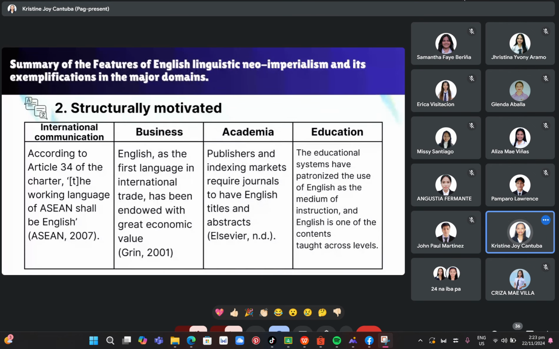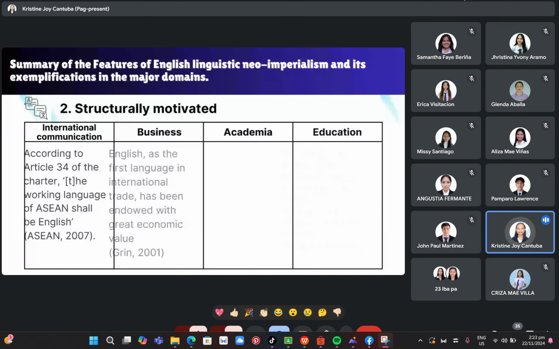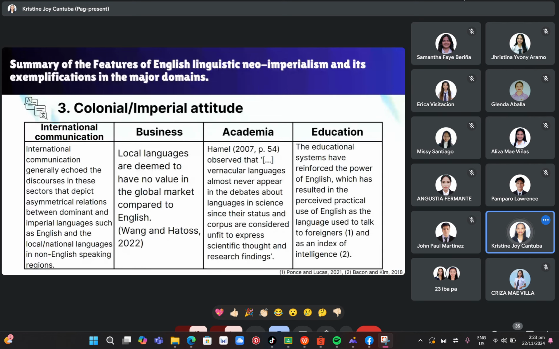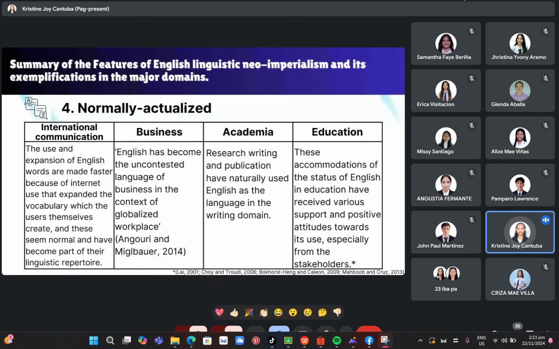How do international communication, business, academia, and education exemplify the features of English linguistic neo-imperialism, which are: number one, locally driven; number two, structurally motivated; number three, the colonial or imperial attitude; and number four, normally actualized. We will just send a copy of our presentation in the G class stream.